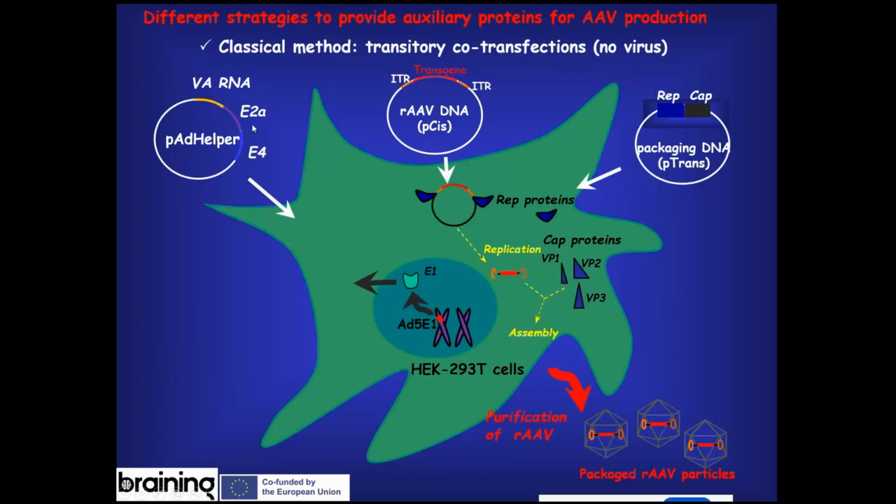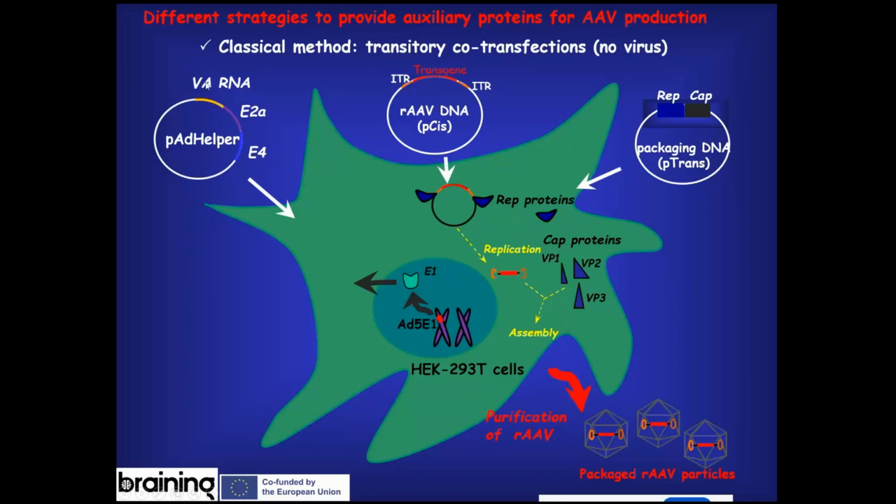And if together with this plasmid, you give the AAV DNA that you want to pack, so with the 2 ITR and the transgene, and the rep cap protein with another plasmid, what will happen? You will have the rep proteins, which will bind ITRs. You will have replication. The cap protein will be formed.